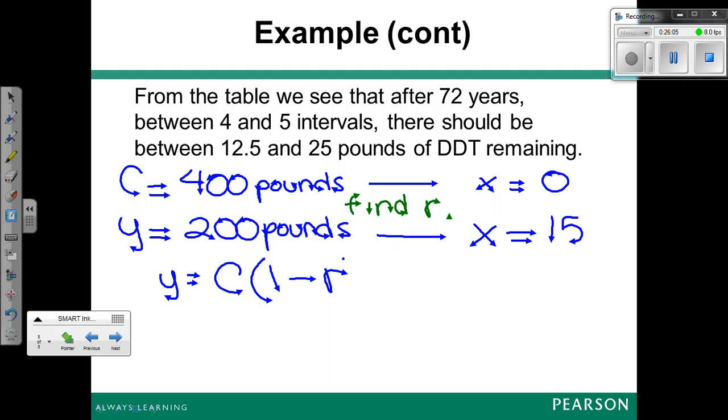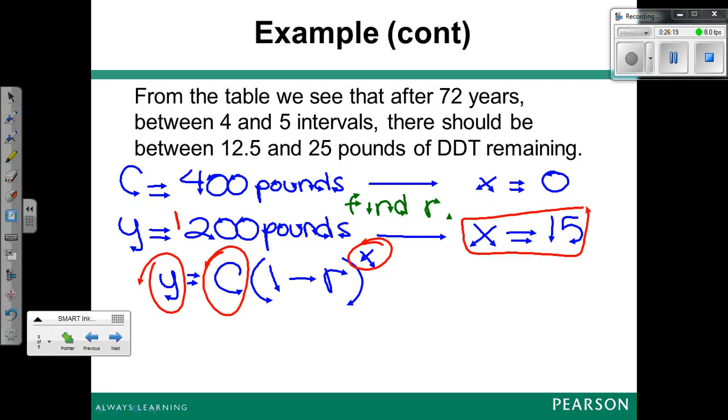So now I'm going to substitute this Y, this C, and this X. Substitute with what we have here: 15 for X, 200 for Y, and 400 for C, so that it looks like this.